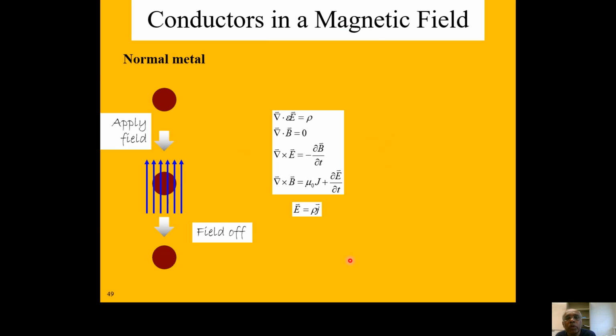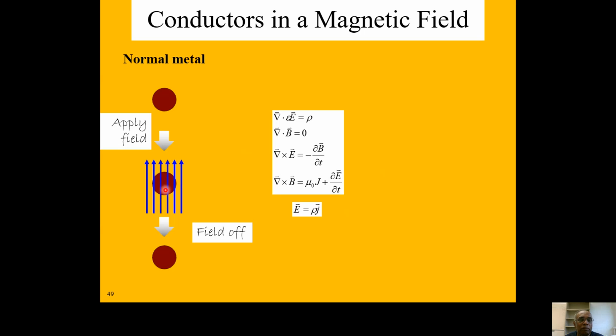Now if you want to consider further, we need to understand a little bit about how conductors behave in a magnetic field. Here I'm talking about just a normal metal. If I apply a magnetic field, we know the magnetic flux lines pass through the metal, right?